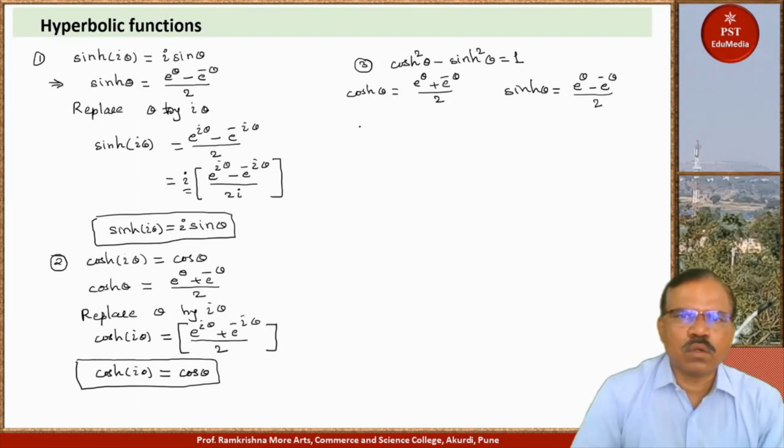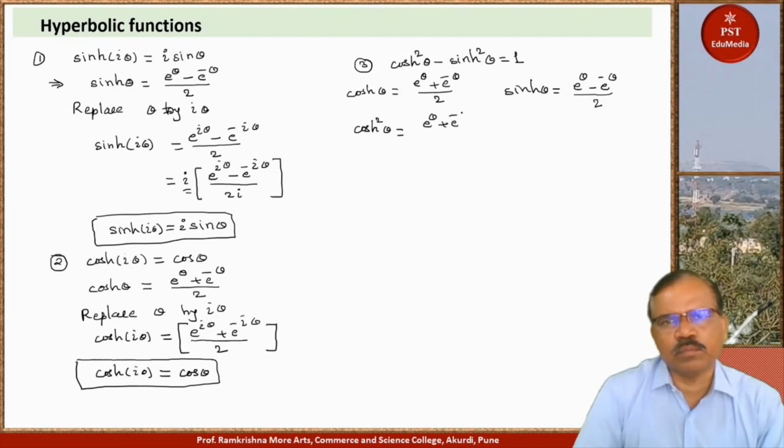So here we get cos hyperbolic square theta is equal to e raised to theta plus e raised to minus theta upon 2, squared.